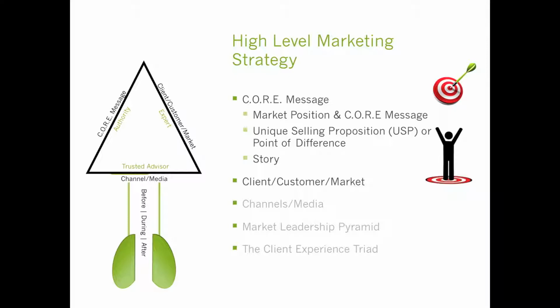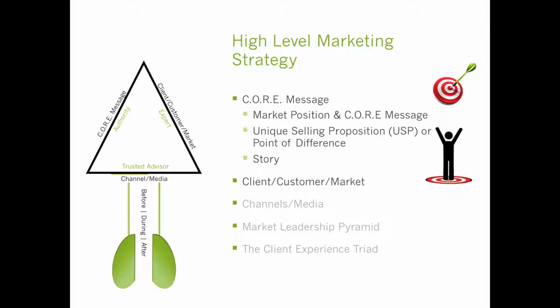The market position, we'll go through the unique selling proposition or USP, also known as the point of difference. Now we're also going to develop a story for the business, which is part of the marketing collateral for engagement and for customers to understand who and what we are. And we'll also go through the target client customer market components.